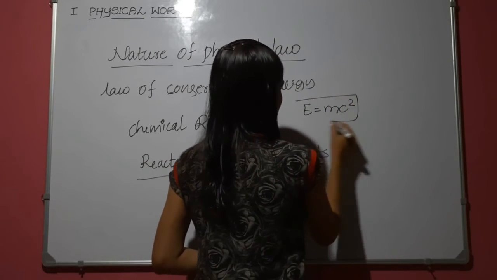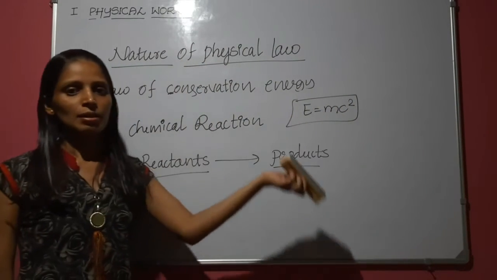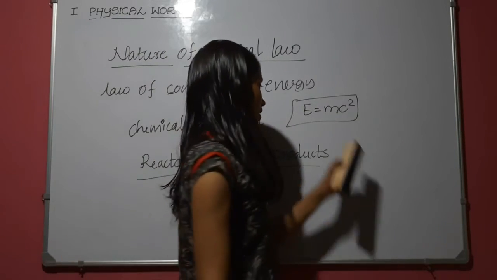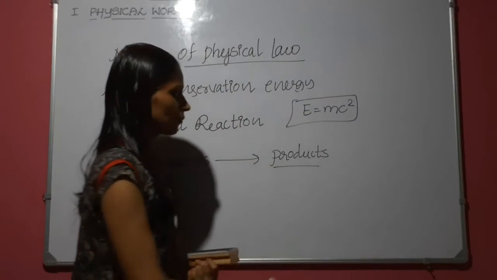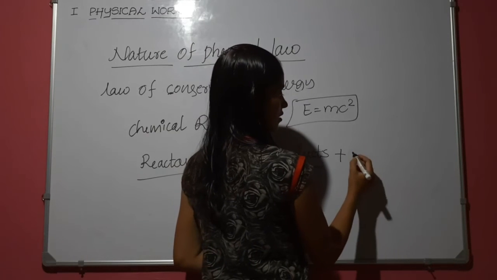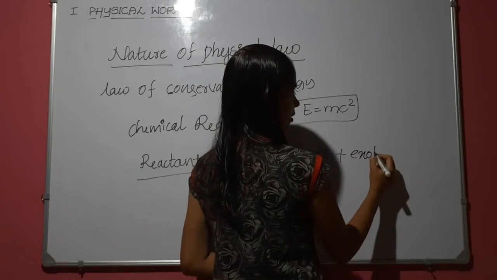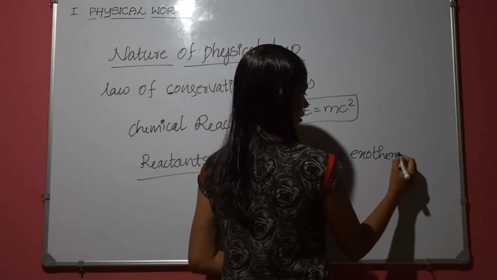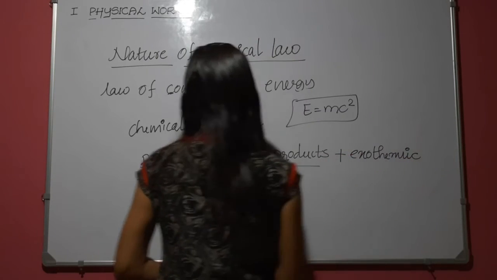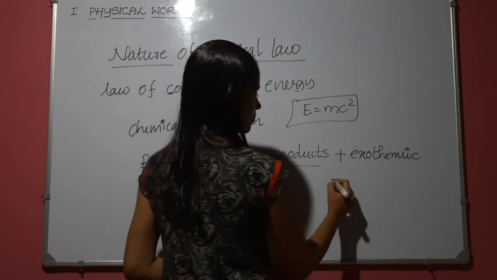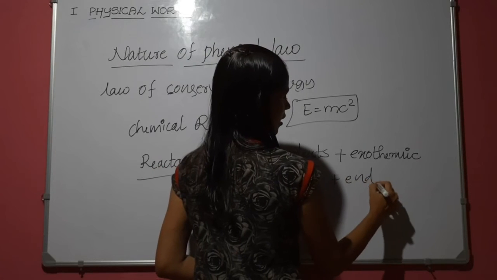That means energy can be converted into mass, and mass can be converted into energy. So here, if some energy is released, then it is exothermic, or if the energy is absorbed, then it is endothermic.